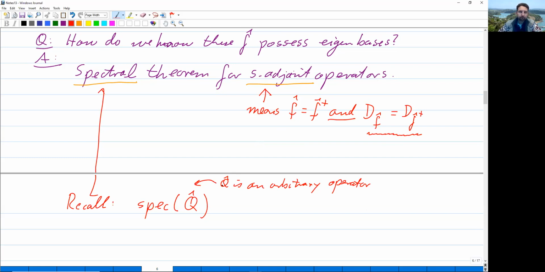And the definition of the spectrum for just any operator on a Hilbert space is given by this definition.